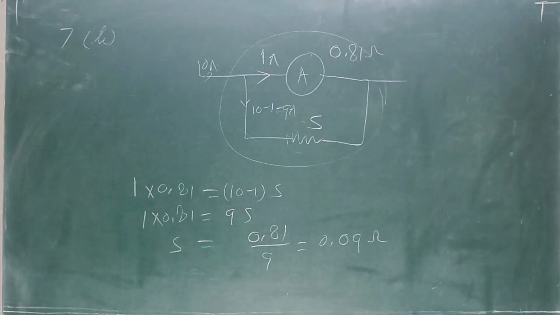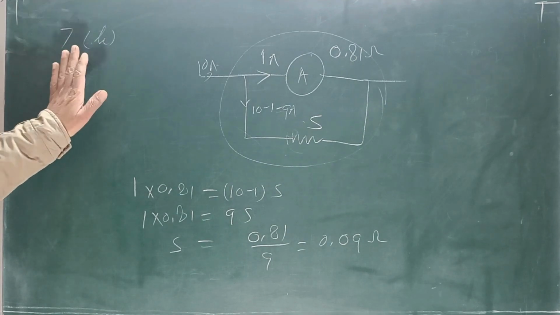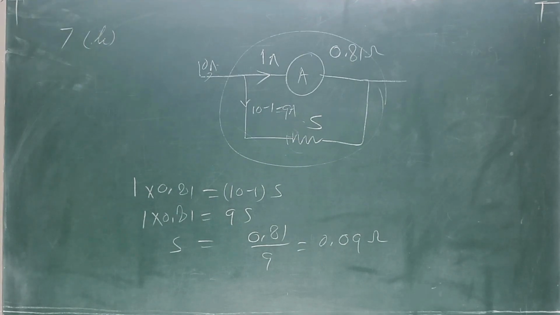The first option, 0.9 ohm, is not correct. Option B, 0.09 ohm, is absolutely correct. The third, 0.03, is not correct, and D, 0.3 ohm, is again not correct. So the correct answer is B, 0.09 ohm.